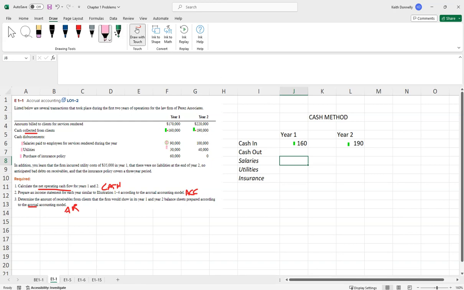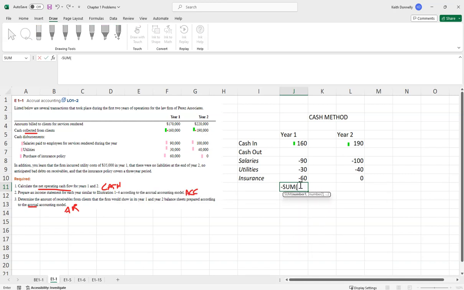We can just grab these numbers right from over here, and we'll put these as negative because we're subtracting it, because it's a cash outflow. Insurance of 60, and then just follow the pinks there: 100, 40, 0.